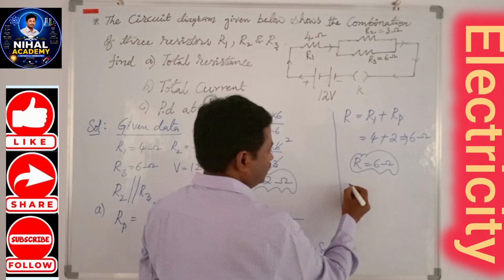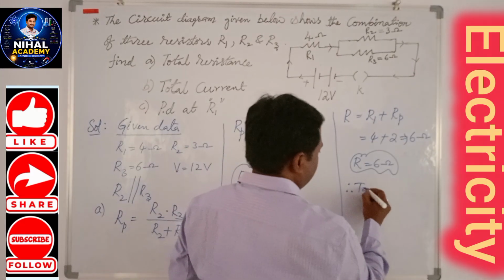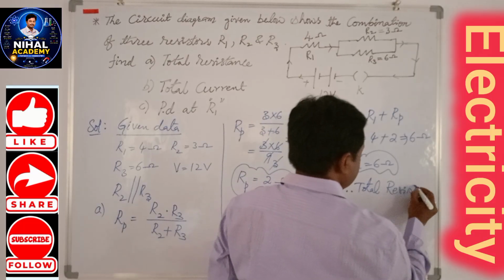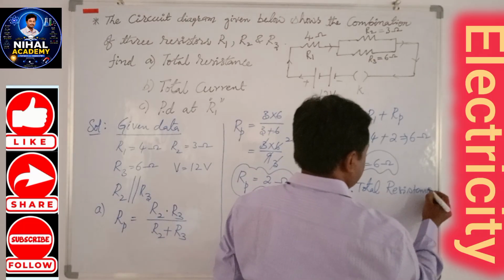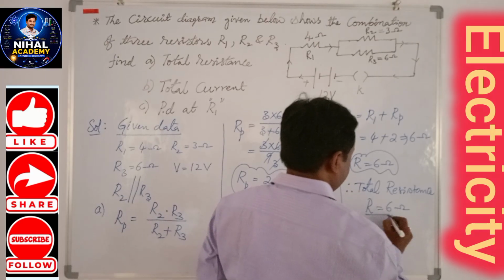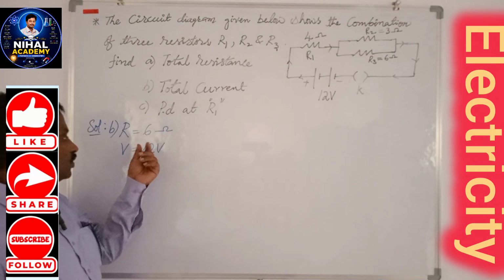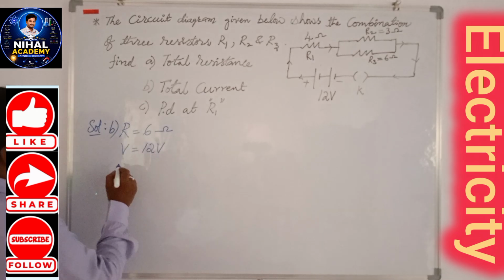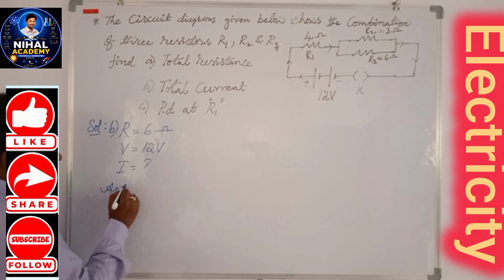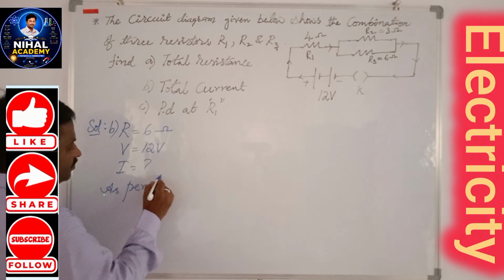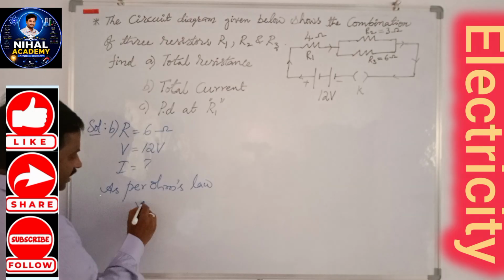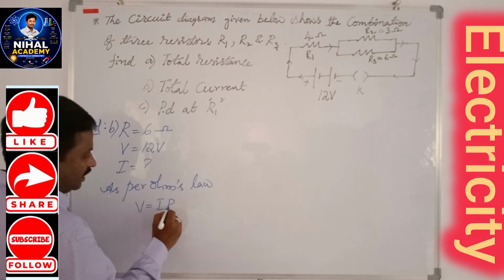Therefore total resistance R is equal to 6 ohm, and V is given, 12 volt. So we have to calculate total current I is equal to question mark. As per Ohm's law, we can write V is equal to IR.